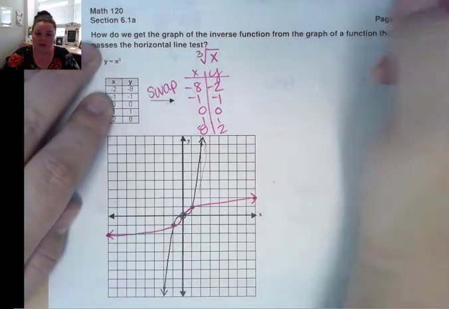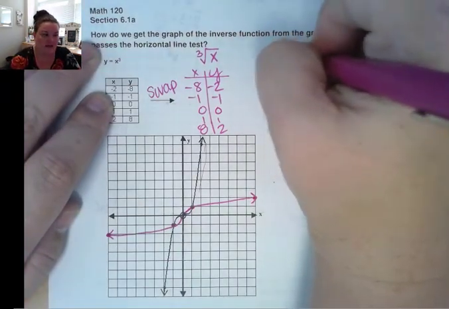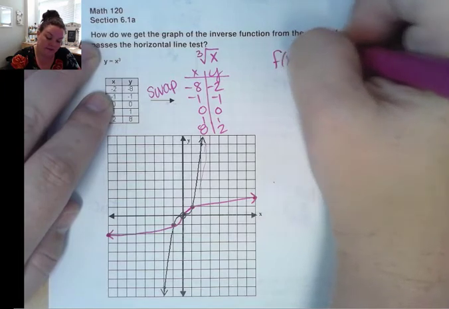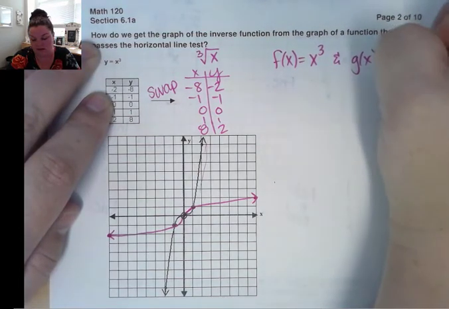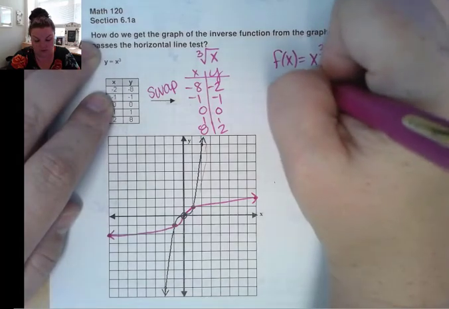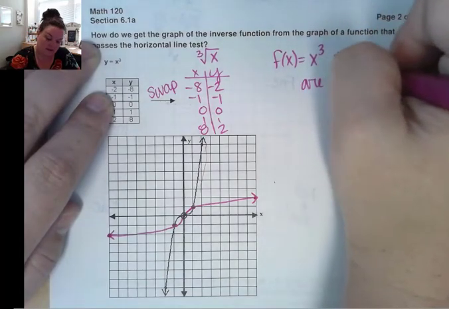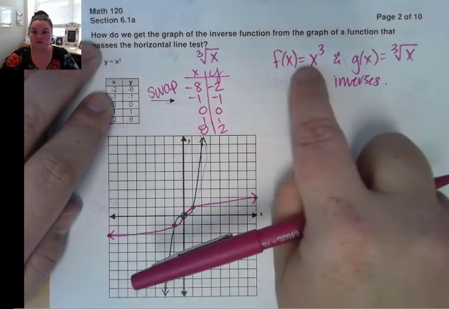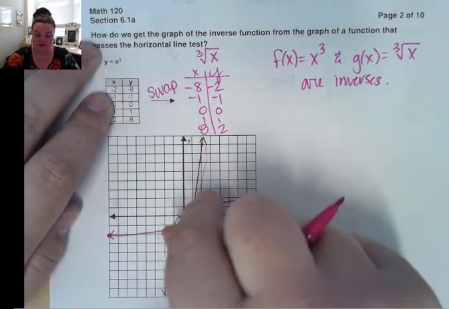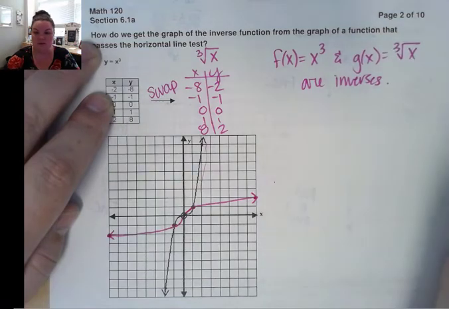So one way that we could write this is we could say that f of x equal to x cubed and g of x equal to the cube root of x are inverses, right? If I just give this one a name and give this one a name.